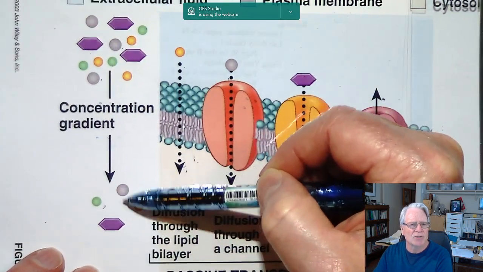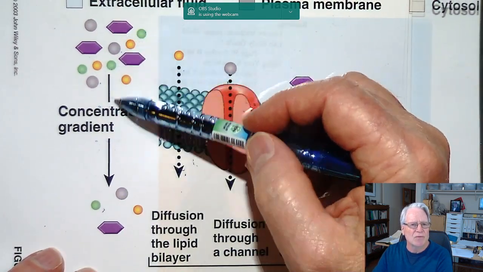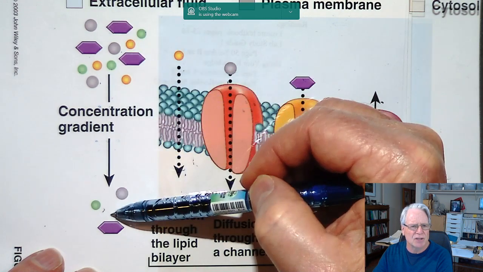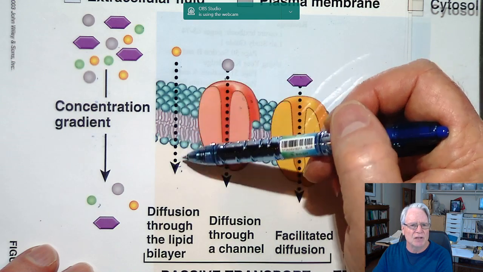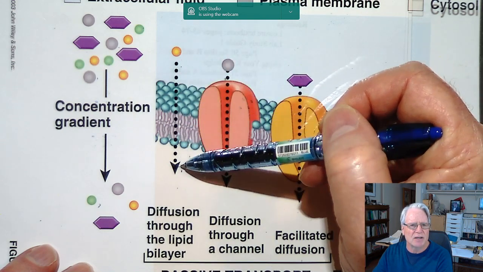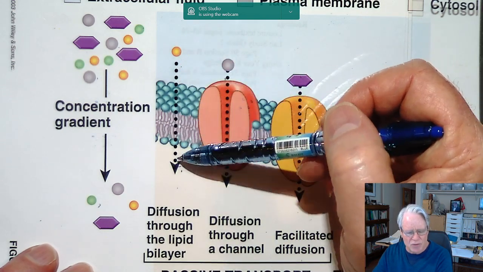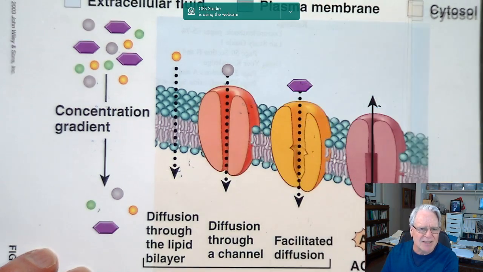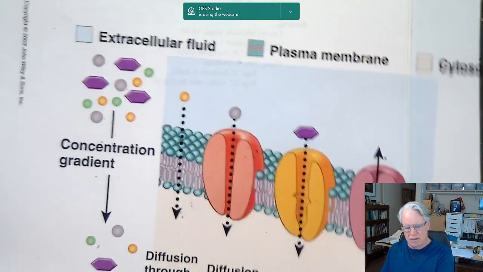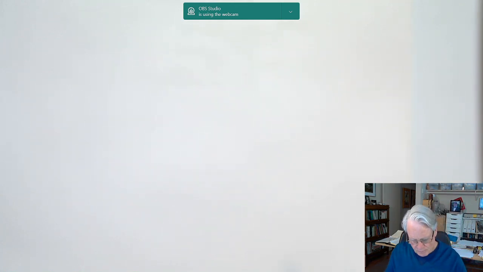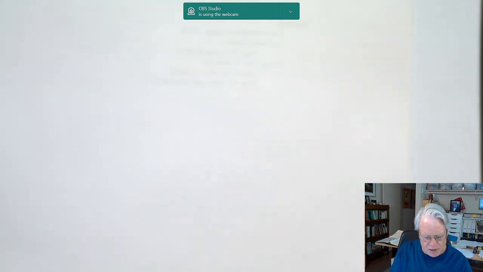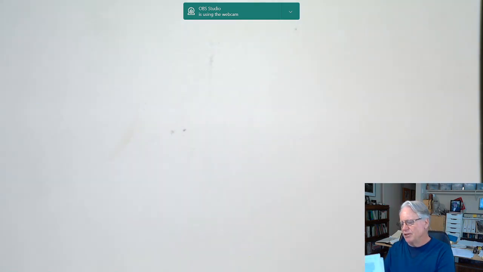Here we have a low concentration, and we're going to move these things from high concentration to low concentration. The first one on our list was simple diffusion, which is being illustrated right here. It's just going to pass right through that membrane. But let's define the term diffusion. And then we can move on and talk about the other processes.